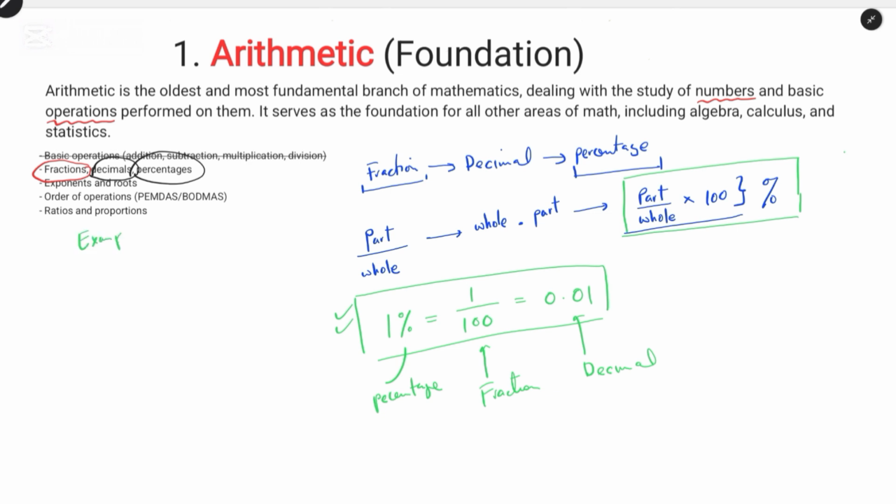Example, if we have 20 out of 50, so 20 is just the part of the whole number, which is 50. And if we multiply by 100, we now get 2 over 5 times 100, which will now give us 40%. 2 of 5 is 40%.